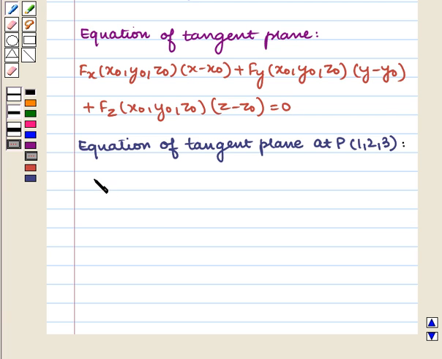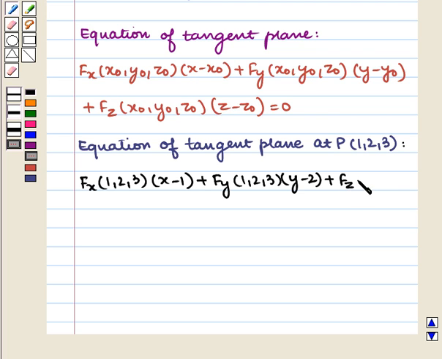So now the equation of the tangent plane at the point P(1, 2, 3) will be f sub x at (1, 2, 3) into x minus 1 plus f sub y at (1, 2, 3) into y minus 2 plus f sub z at (1, 2, 3) into z minus 3 equal to 0.